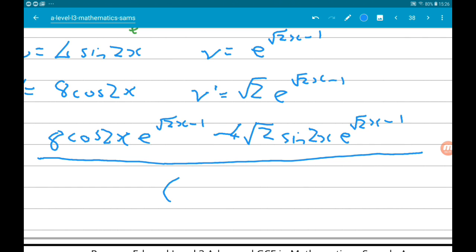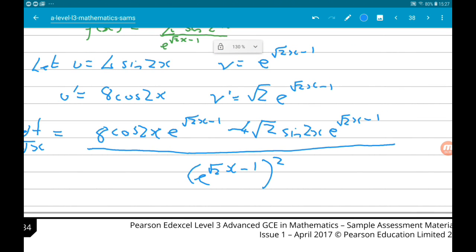So it's e to the root 2x minus 1 squared. So that is our derivative. Isn't it lovely?